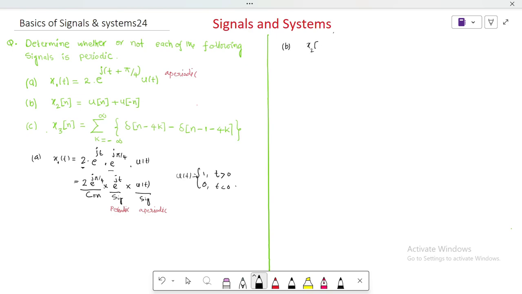The second one, a discrete signal is given, x2 of n equals u of n plus e of minus n. I want to explain with the help of the diagram.